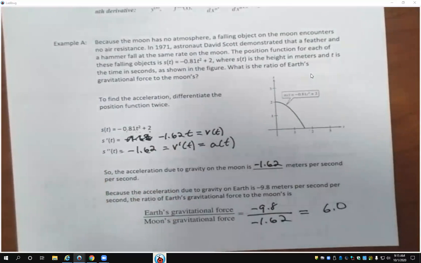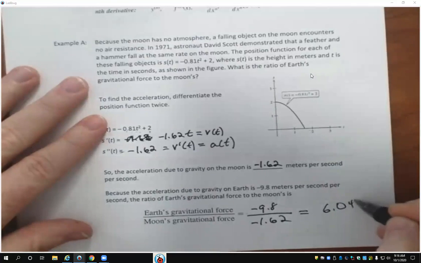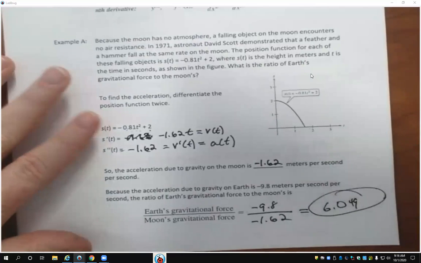I'm going to type that in really quick to see what the decimal is. We're going to go with 6.049, because I want you to round to 3 decimals.